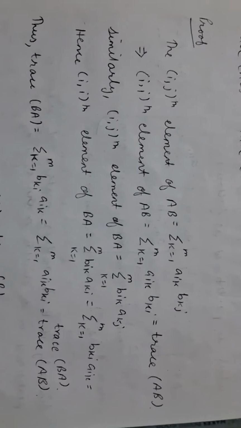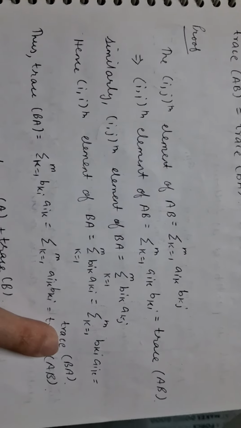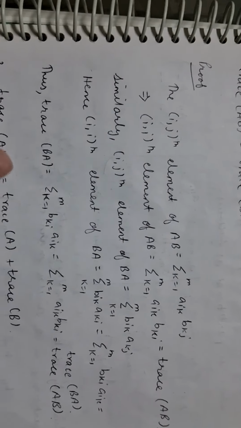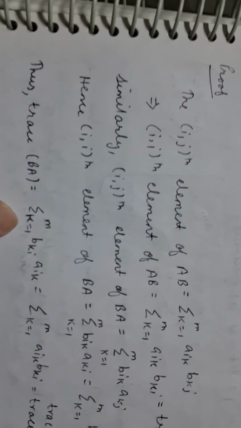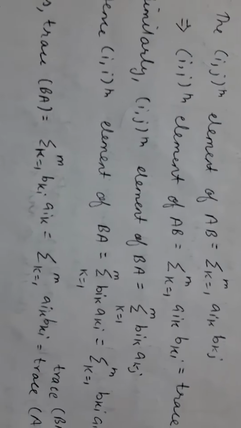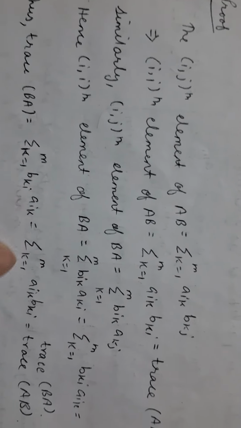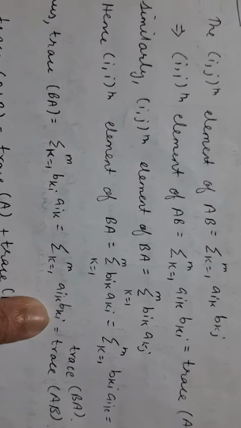So again these are the diagonal elements which will give us the trace of BA. Thus trace BA is equal to the summation over k, from 1 to m, of bki aik.